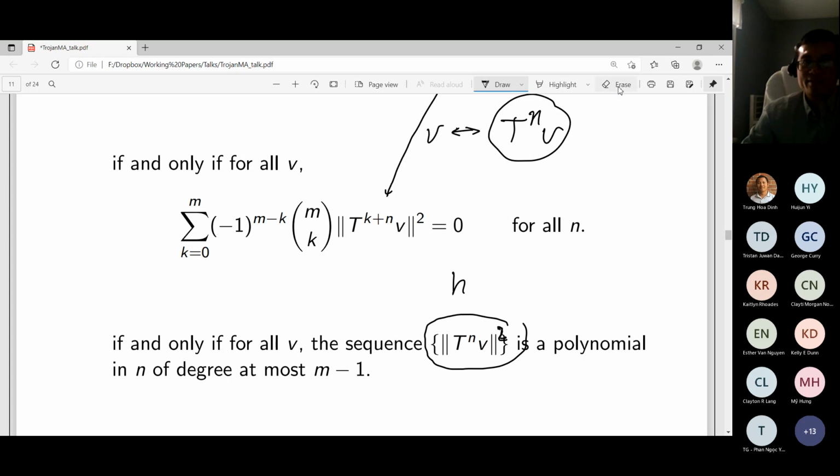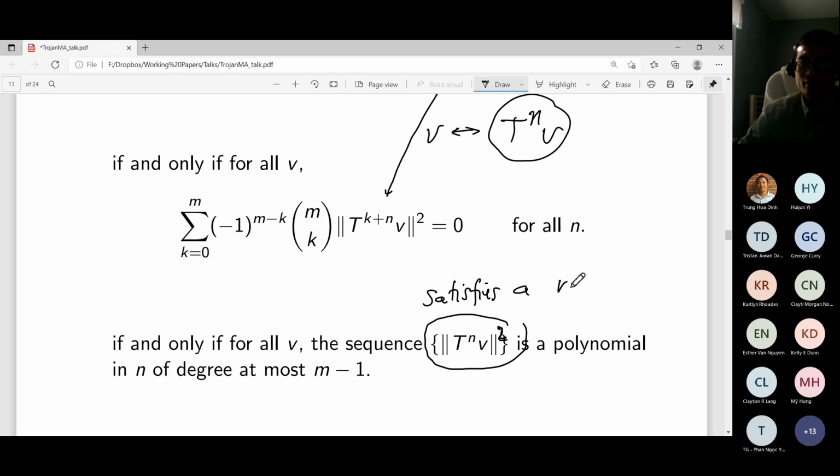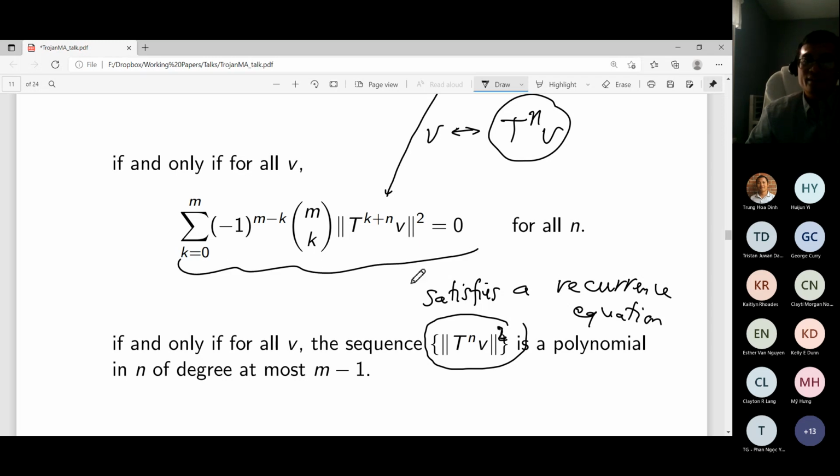It satisfies a recurrence relation. That is the recurrence equation for this sequence. And this is related with combinatorics, right?